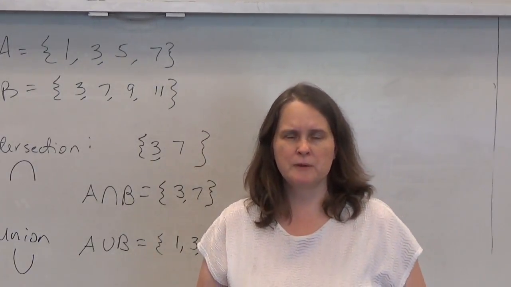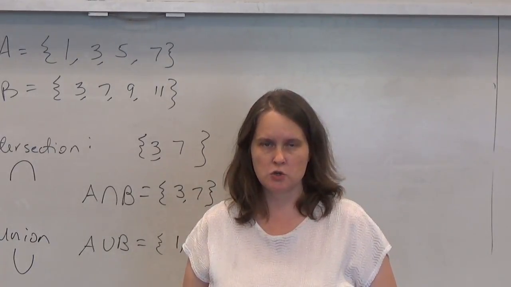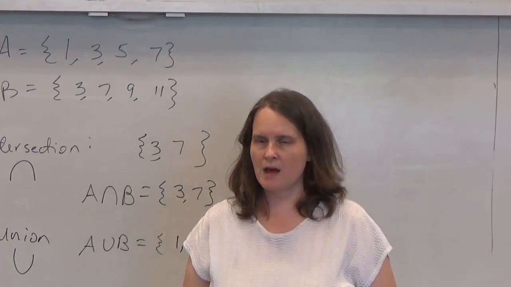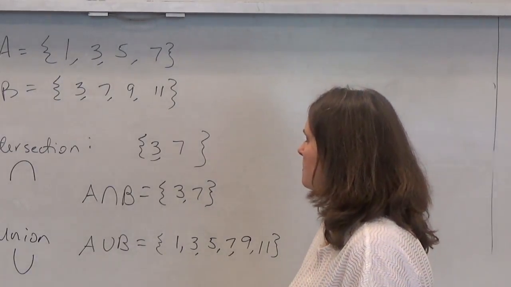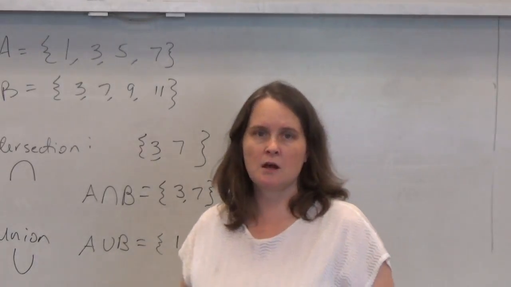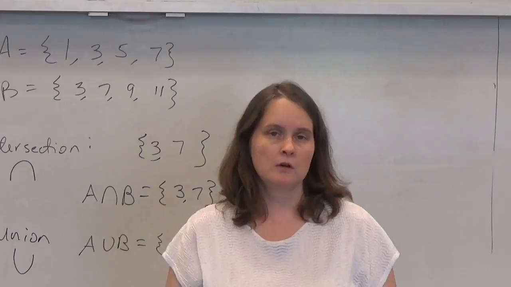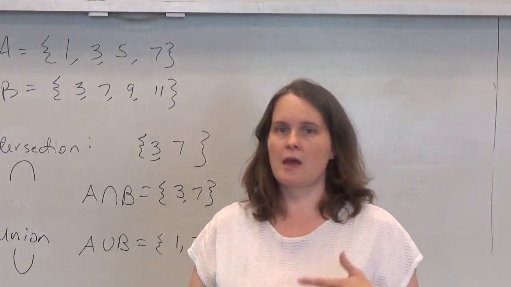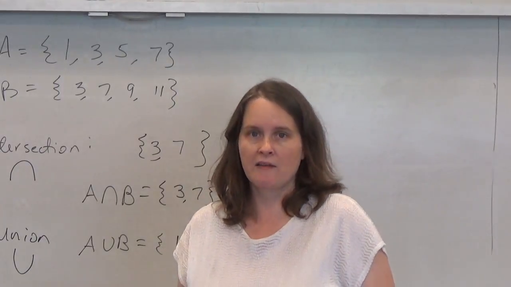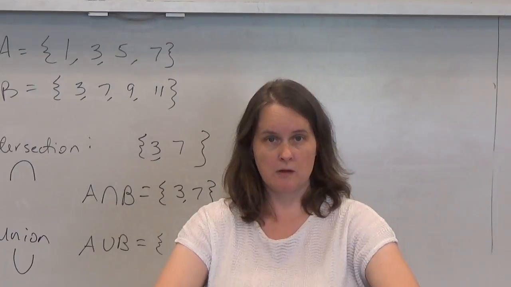Sometimes students have a little bit of difficulty differentiating between intersection and union. I'm going to give you a strange little example, but it might help. If you think about union, what's another type of union that you might think of? An example would be a marriage. In a marriage, everything that the husband has and everything that the wife has is all combined and brought into the union of the couple.